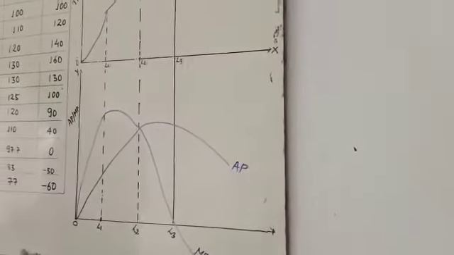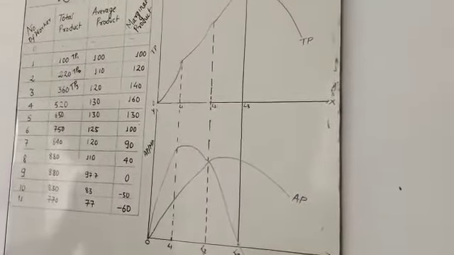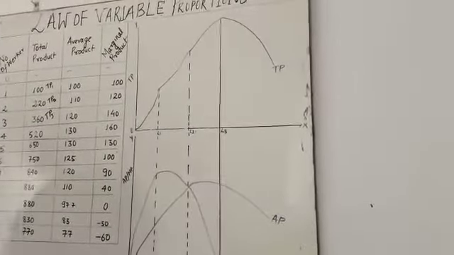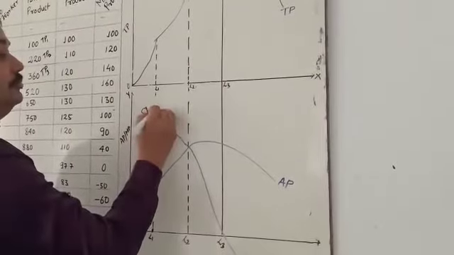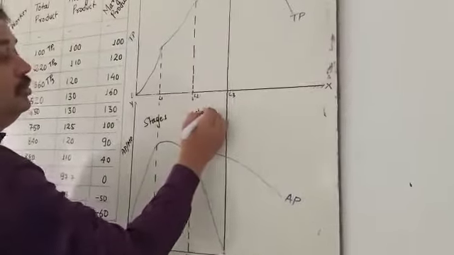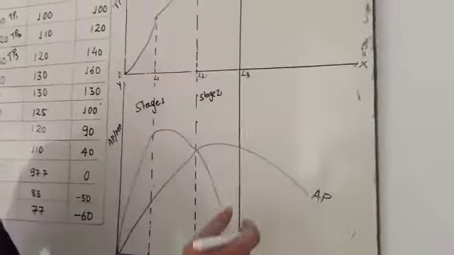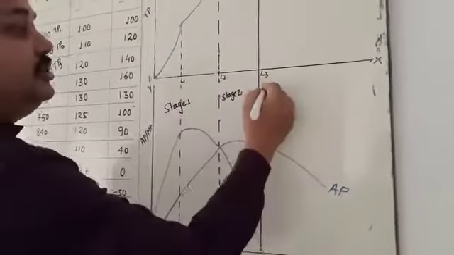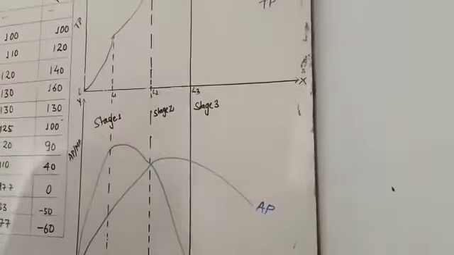Okay, my dear student. Come to the next topic, that is which one is stage 1, stage 2. My dear student, this is called stage 1. This is called stage 2. Stage 1 means increasing return, stage 2 means diminishing return, and stage 3 means negative return.